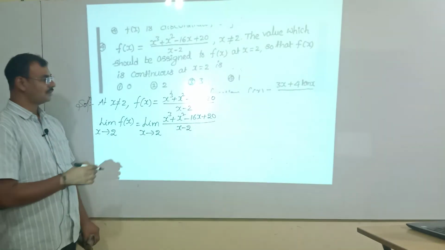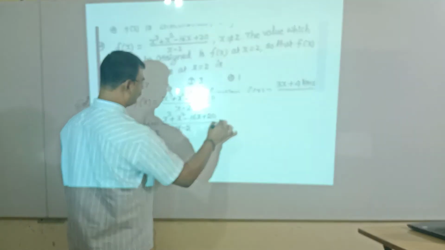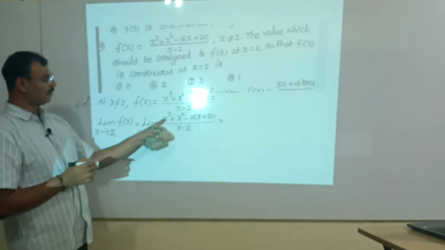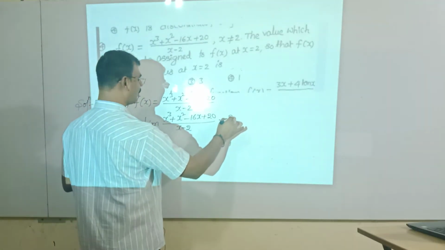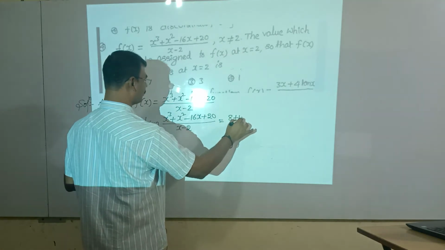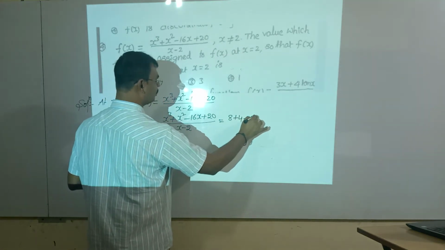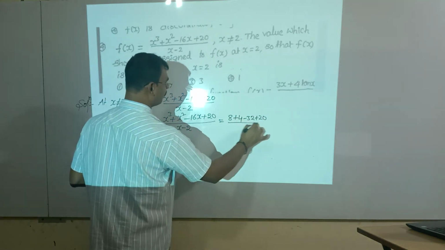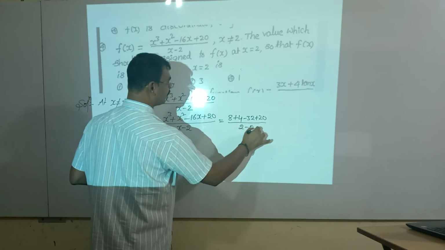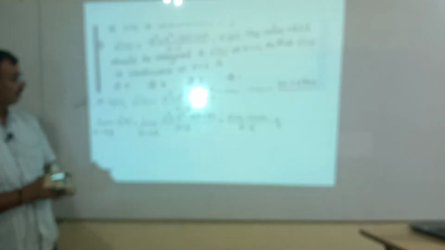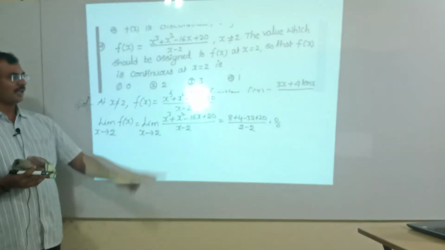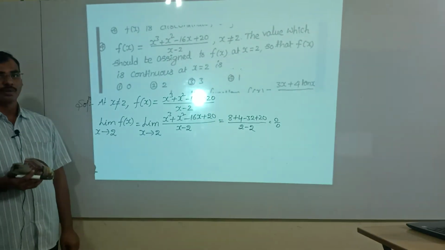Apply the limit. What value do we get? 2 cube is 8 plus 4 minus 32 plus 20 divided by 2 minus 2. We get the 0 by 0 form. This is called an indeterminate form.